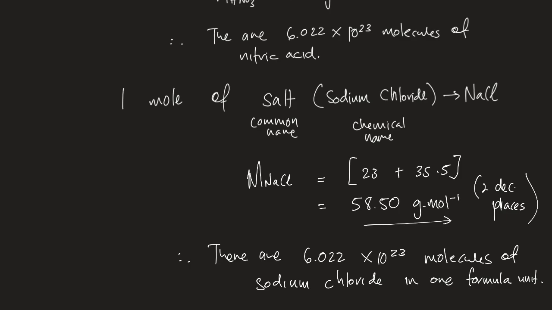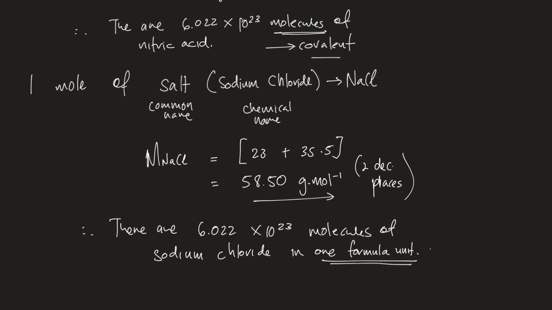All right, so when we look at ionic compounds, we use "in 1 formula unit," right? And when we use molecular covalent compounds, we use molecules. So for covalent, that's the statement we're going to use, and this is the statement we use for ionic. So please make sure you get that sorted out.